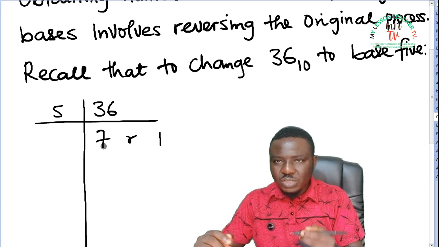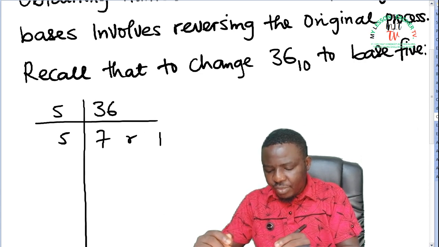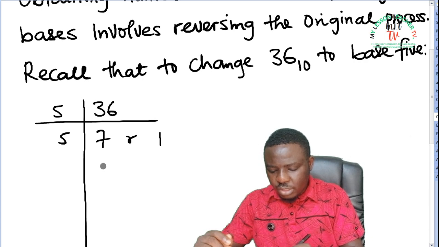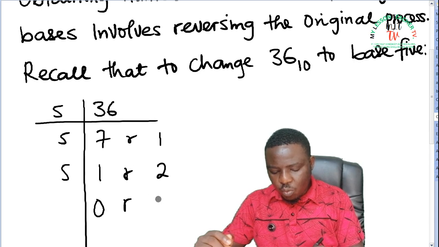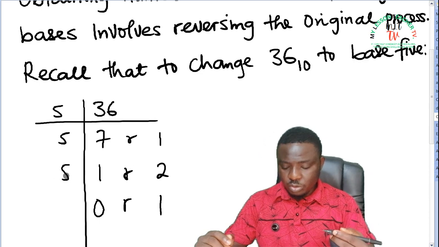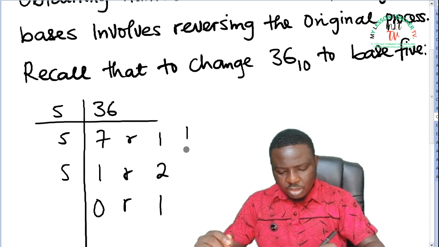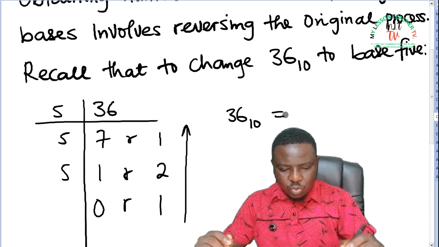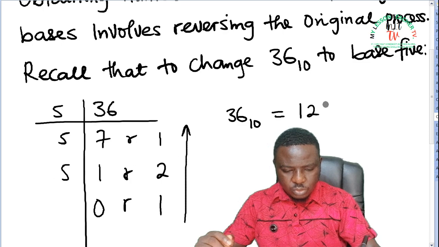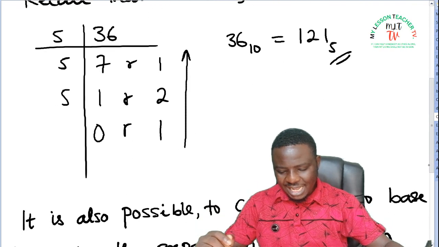So divide also 7 by 5. 5 into 7 gives us 1 remainder 2, and 5 into 1 we said is 0 remainder 1, because 5 cannot go into 1, so it is 0 remainder 1. So therefore at that point we say that 36 base 10 is said to be equal to 121 base 5. This was what we did at the last class.